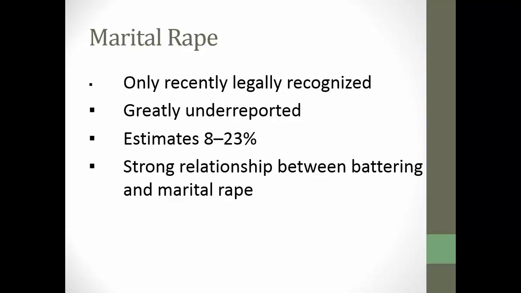But estimates vary from a low of 8 to a high of 23% of spouses reporting being raped by their spouse. One thing we know for sure is that there's an extraordinarily strong relationship between battering and marital rape. The vast majority of marital rapes occur in the context of a violent battering relationship between spouses.